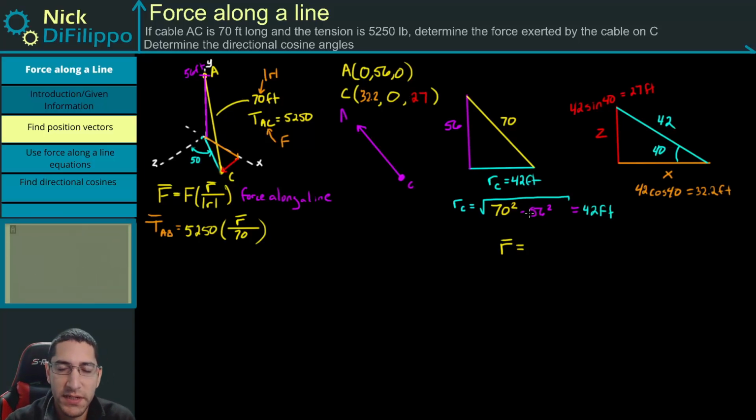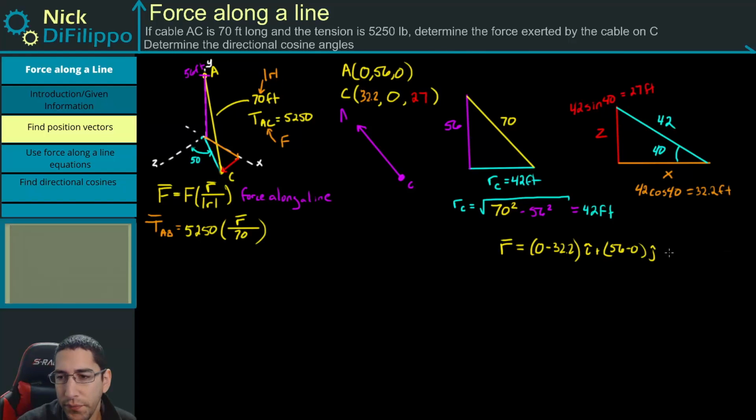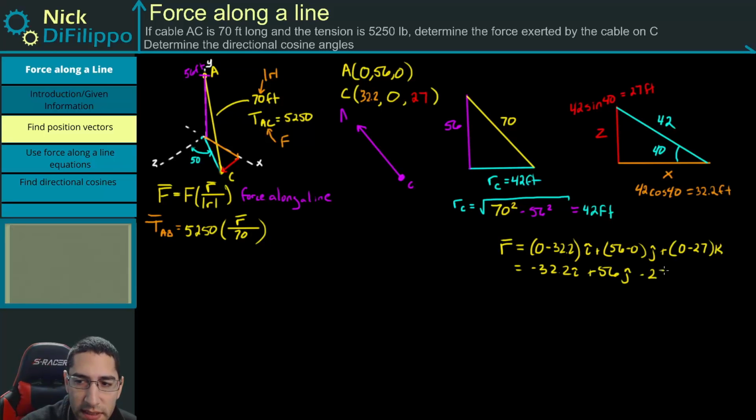So now to find this position vector, we just need to subtract C from A, and we have 0 minus 32.2 I plus 56 minus 0 J and plus 0 minus 27 K. So this is minus 32.2 I plus 56 J minus 27 K.